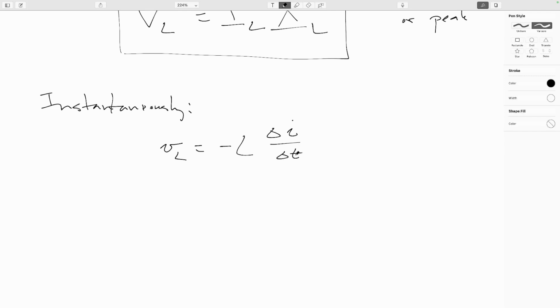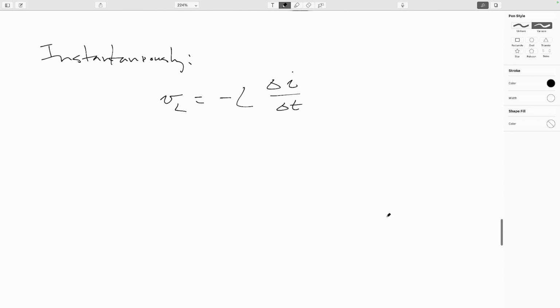This is similar to what we were worried about with capacitors, except that with capacitors, this was a charge. A current is already a time rate of change of a charge, and then this is the time rate of change of that. But it's still the same kind of logic.